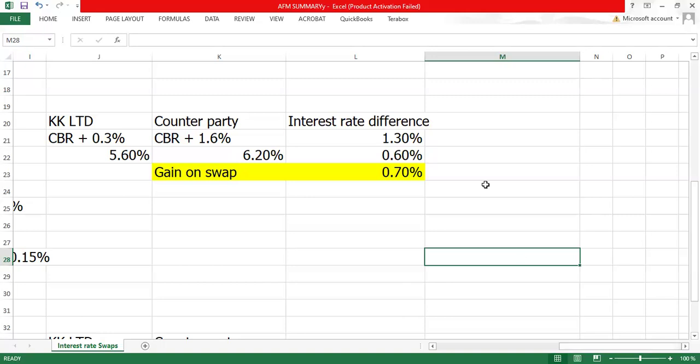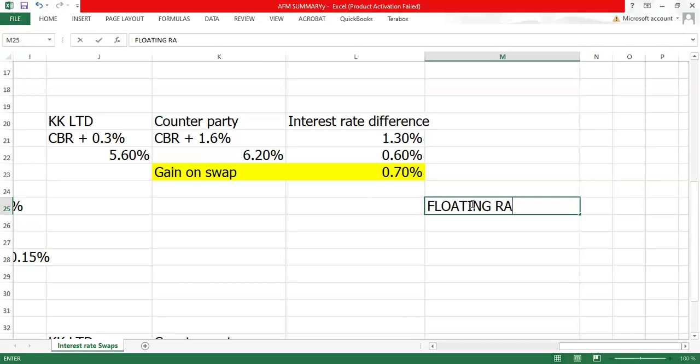So you always need to first know where the company hedging benefits more in a swap arrangement. You first understand that. Now, if you know where the company hedging benefits more in the swap arrangement, then in an arrangement without swap, it will be the opposite.